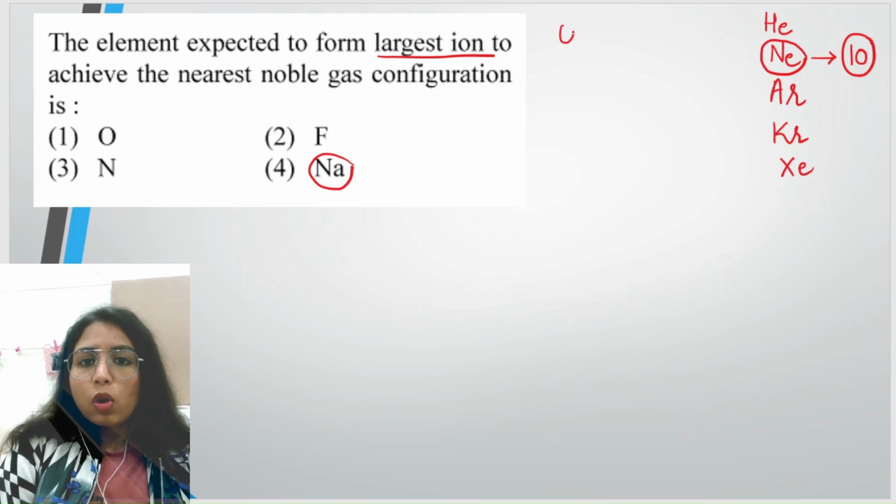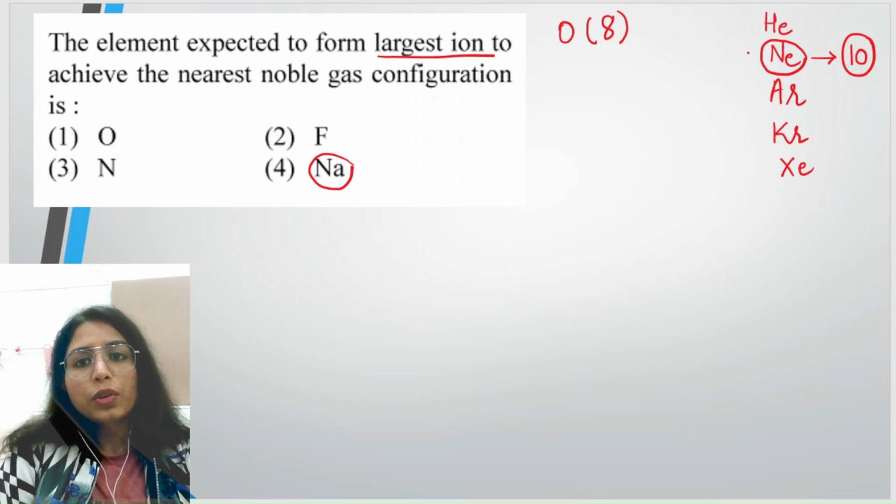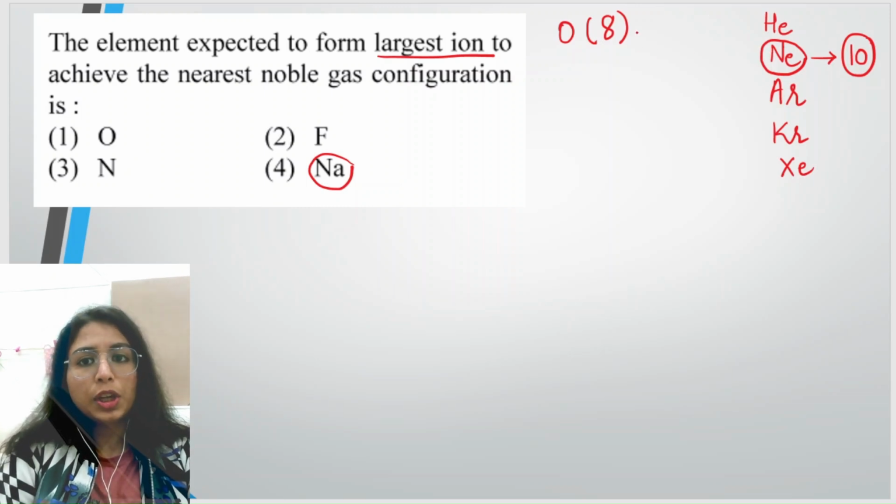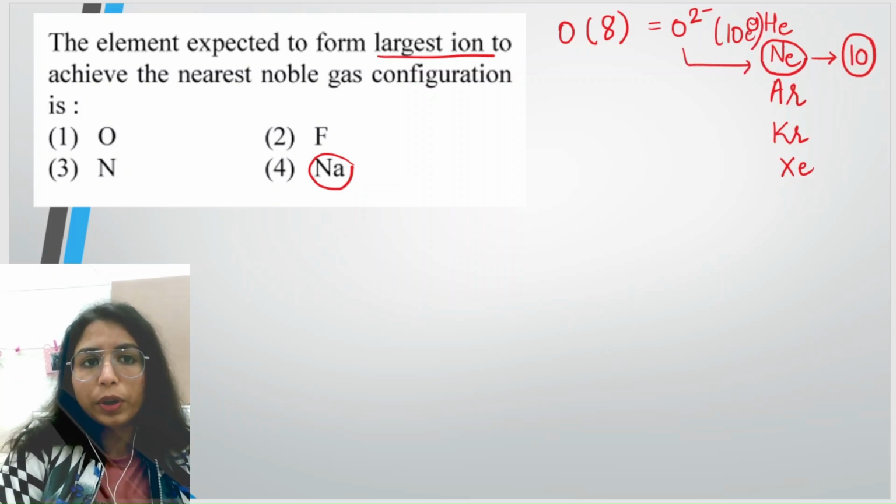Oxygen has atomic number 8, so it needs 2 more electrons to obtain the nearest noble gas configuration. Therefore it becomes O2 negative because it gains 2 electrons. Now it has 10 electrons and has gained the electronic configuration of neon.